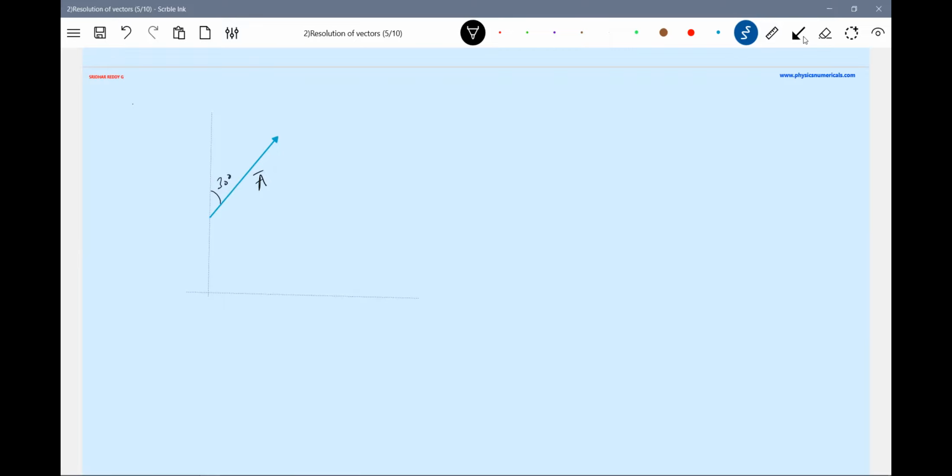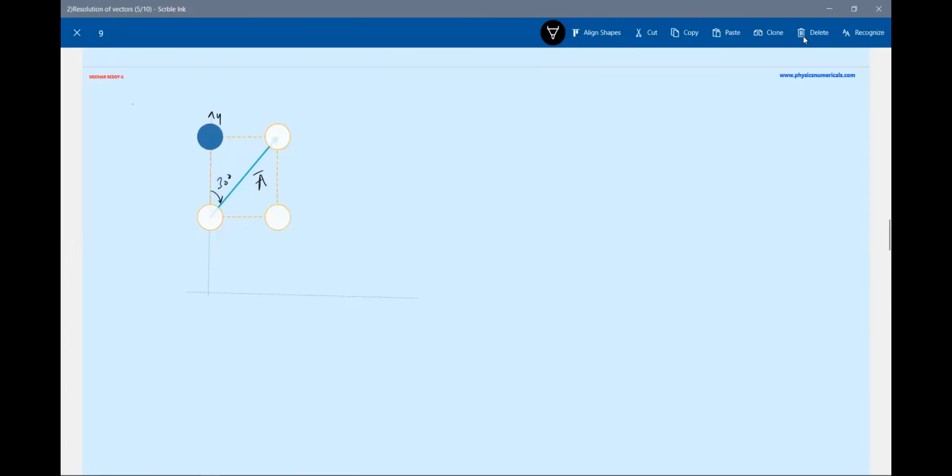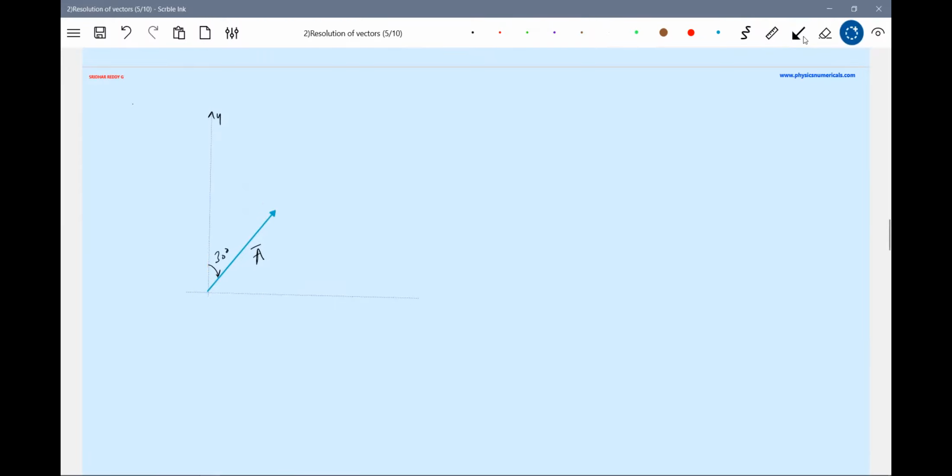See, now it is making an angle of 30 degrees with the y-axis. I can mention it in this way also, or we'll bring it here. This is the theta equal to 0 degree line, and this is theta equal to 90 degrees.